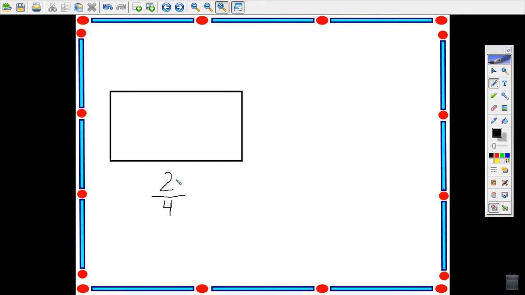So remember, your numerator is what you're talking about. Your denominator is your total pieces. So our denominator is 4, which means we need to cut this rectangle into 4 equal pieces. So whenever you're doing this, just try to do it the best you can. Try and do it the most accurate you can to equal size pieces. Fractions are always equal pieces.